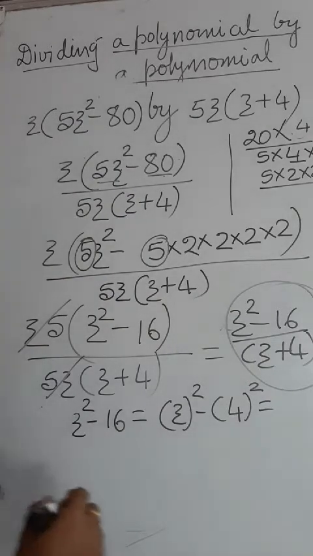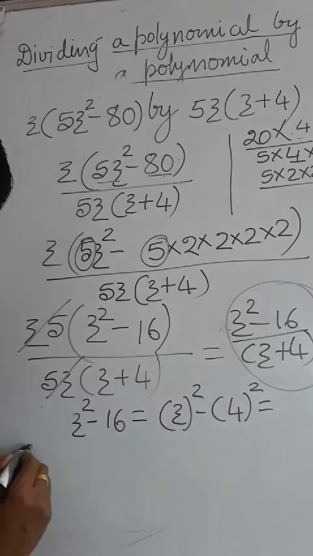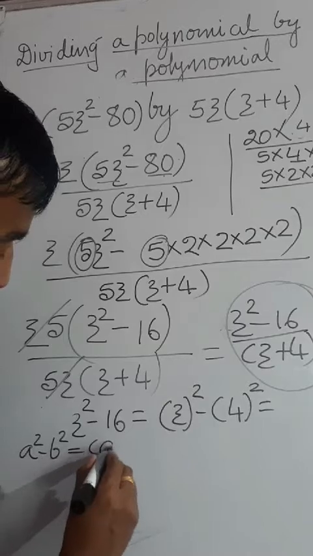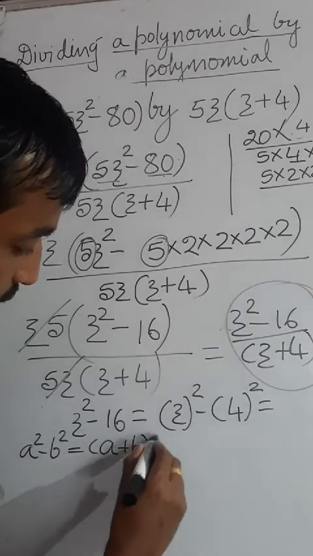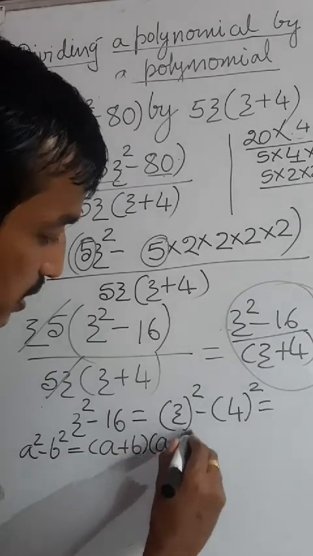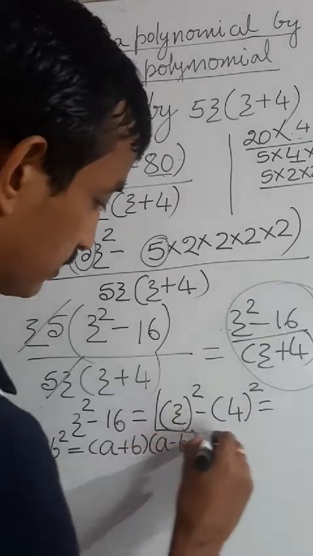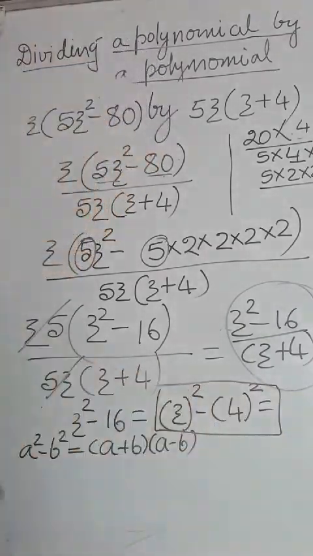In which identity form is this? Try to remember. A square minus B square is equal to A plus B into A minus B. Right? So how can you write this one?